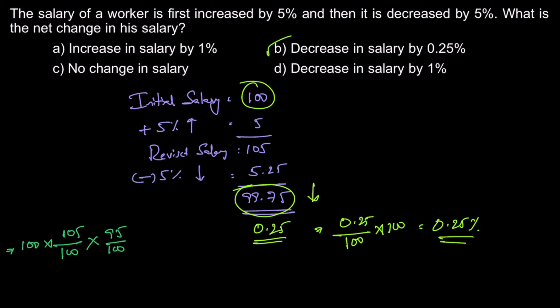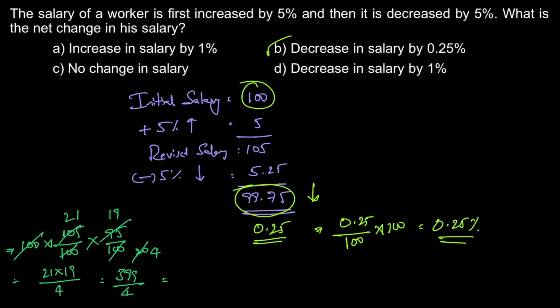If you solve this equation, 100 you cancel, 5 20s, 5 2 1s, 21s, then 5 4s, 5 19s, equal to 21 multiplied by 19 divided by 4, which is equal to 19 20s, 19 tens, 190 plus 190, 380 plus 19, 399 divided by 4.